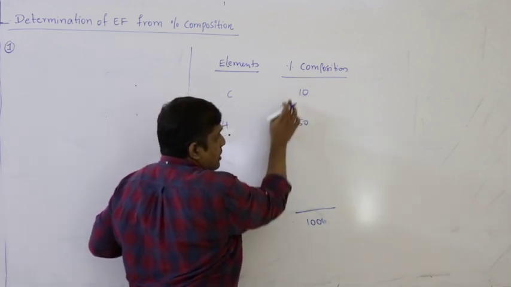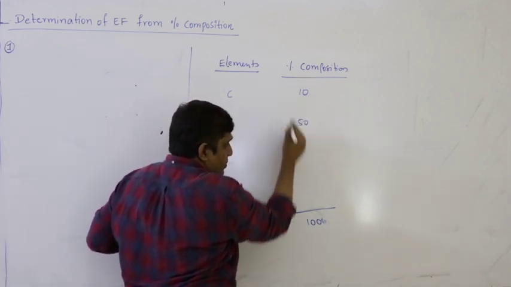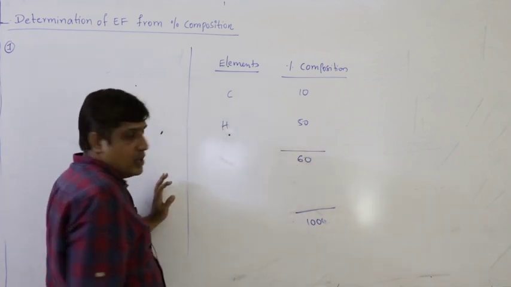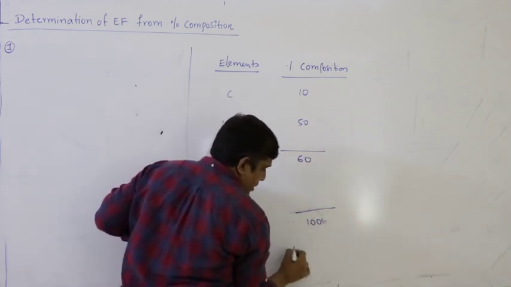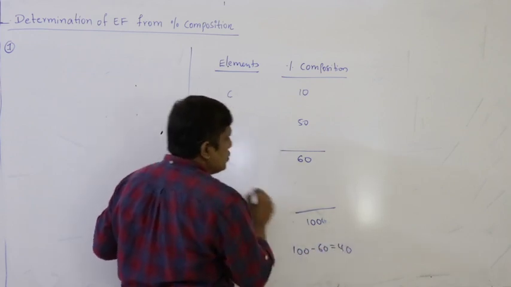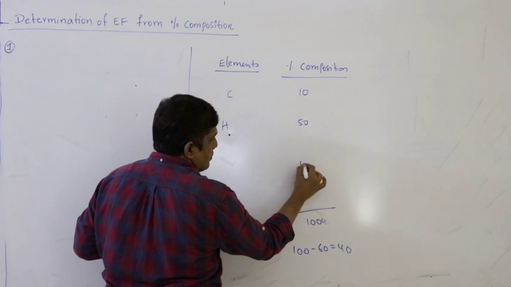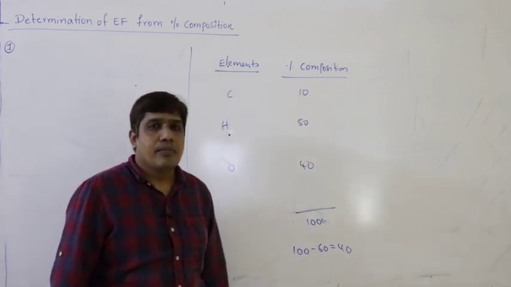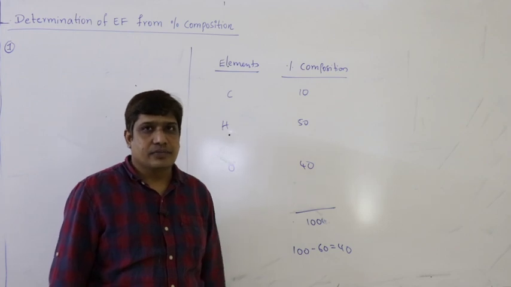For example, here you have these two elements. How much will you get? 60. This is not equal to 100. Subtract this 60 from 100. 100 minus 60, what will you get? 40. This 40 should be taken as the percentage composition of oxygen.